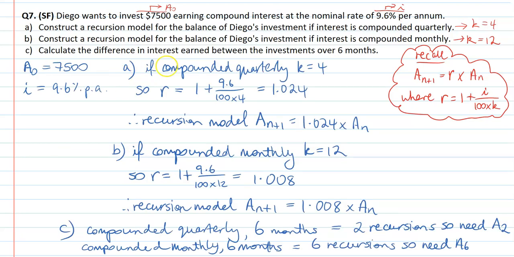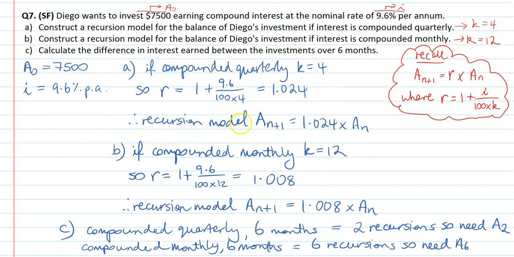Okay, so for part A, if we're compounding it quarterly, we use a K value of 4. So calculating the required R value we need to use in our recursion model, we'll just put in the 9.6 divided by 100 divided by 4, adding 1, and that gives us an R value of 1.024.